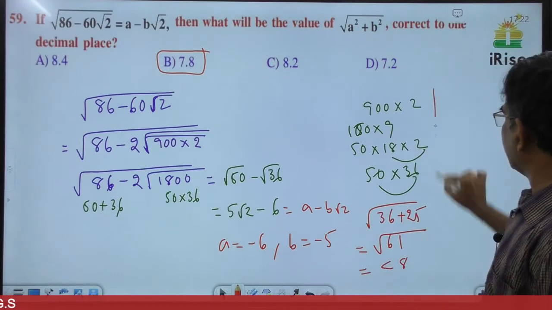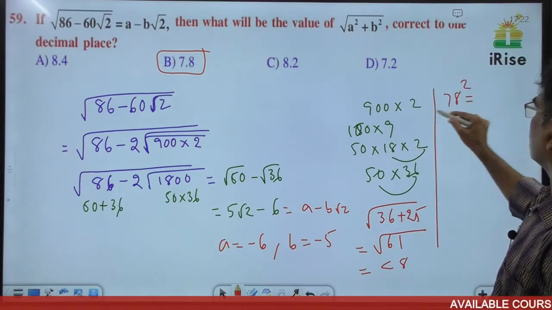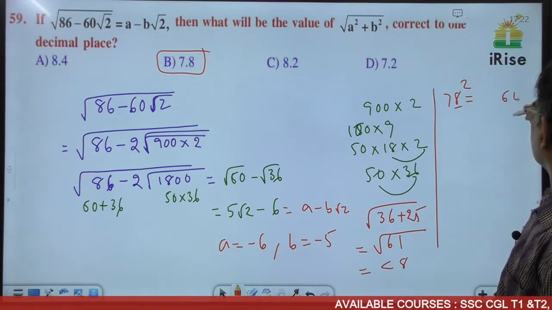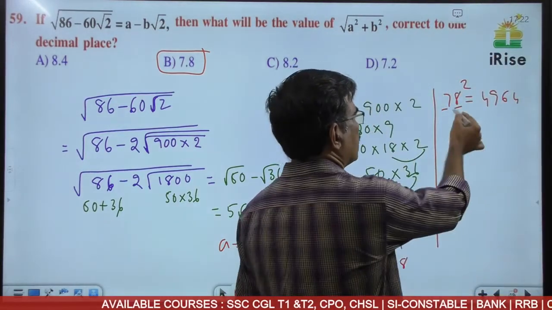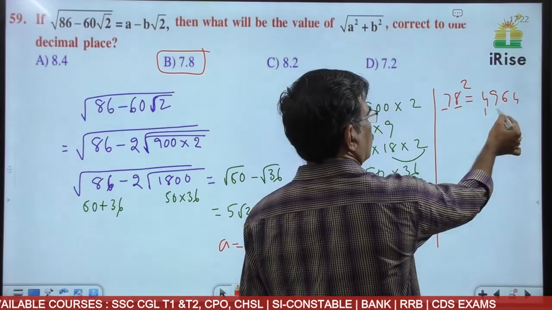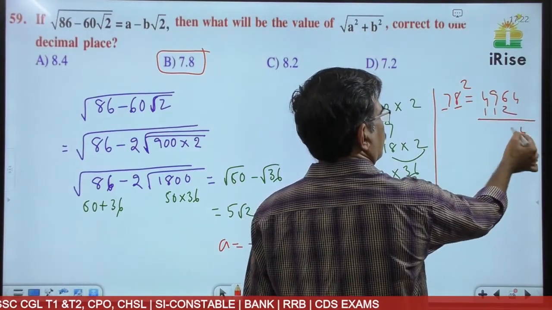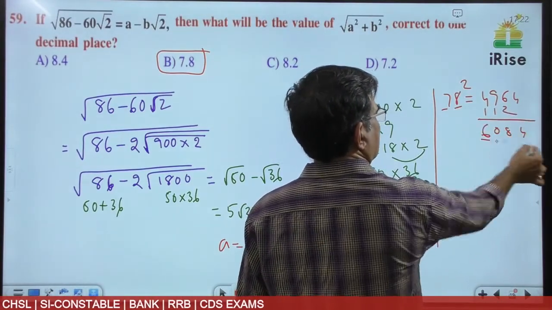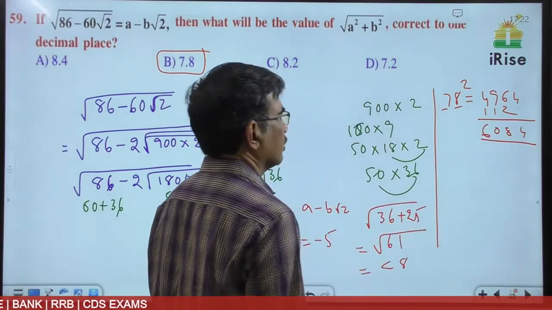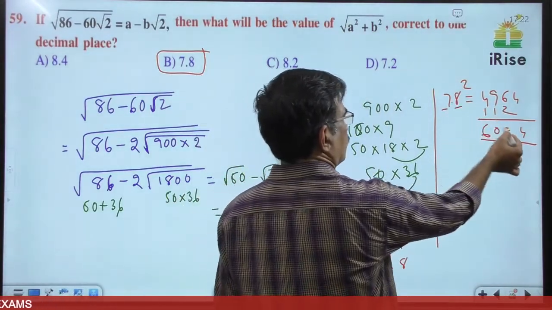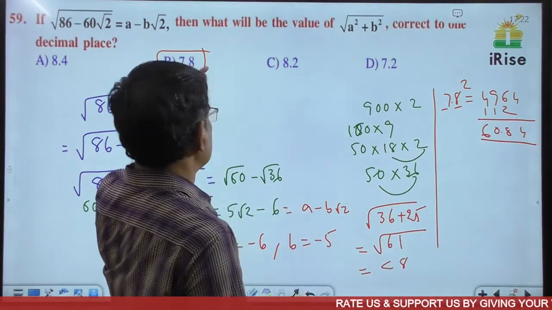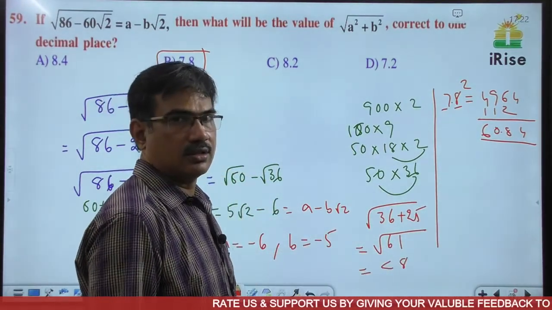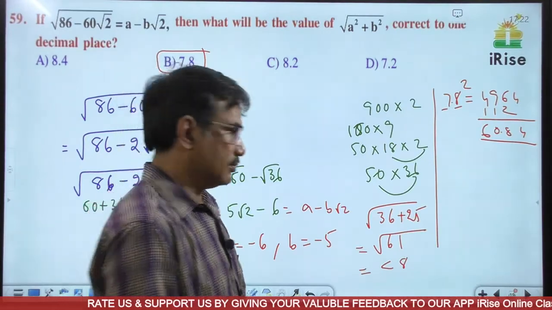Otherwise you have to find 7.8 square: 8 square is 64, 7 square is 49, and so on, giving 60.84. That means 7.8 whole square is nearly 61. So the answer is 7.8. Okay, next question.